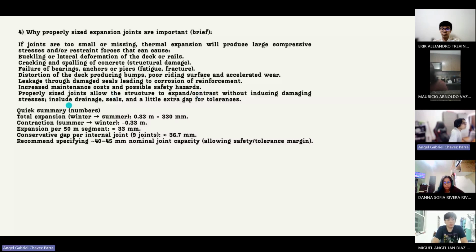Properly sized joints allow the structure to expand and contract without induced damage.